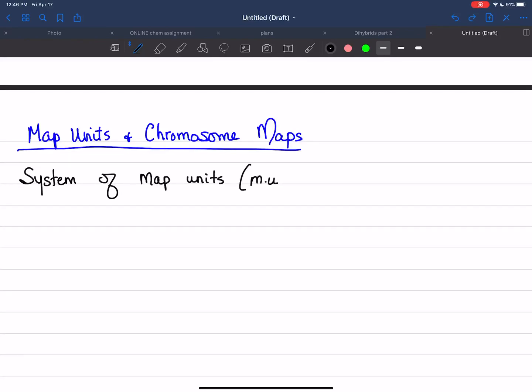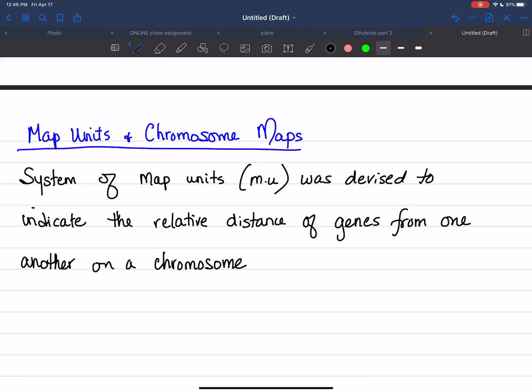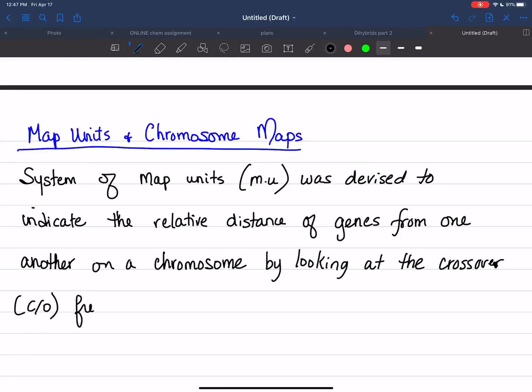Okay, MU is fine, map units, was devised to indicate the relative distance of genes from one another on a chromosome, by looking at the crossover, I'm just going to abbreviate it CO, frequency.